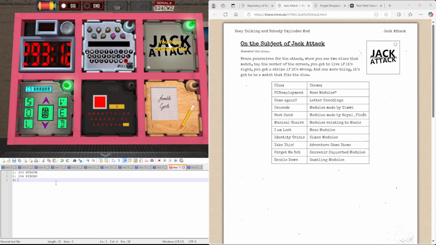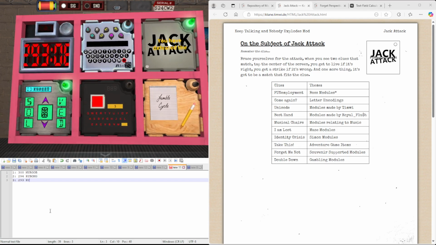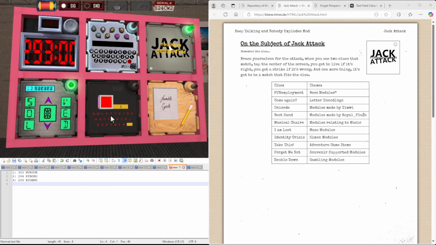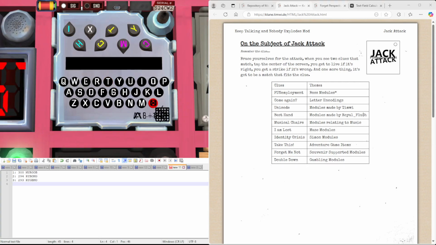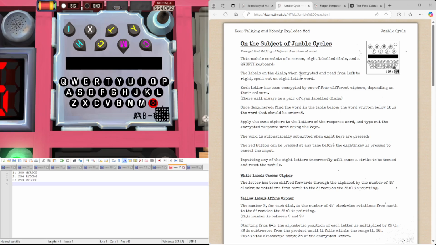That was at 293. We got red, yellow, green, blue, magenta, orange. Now a jumble cycle. Okay.